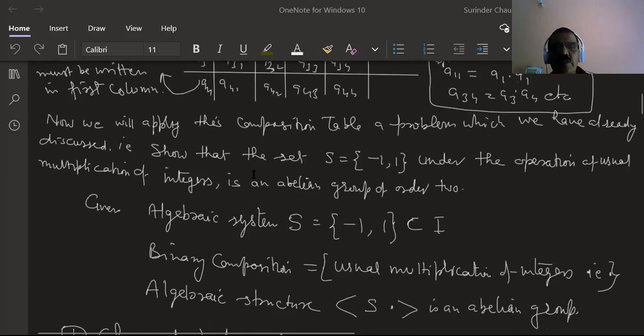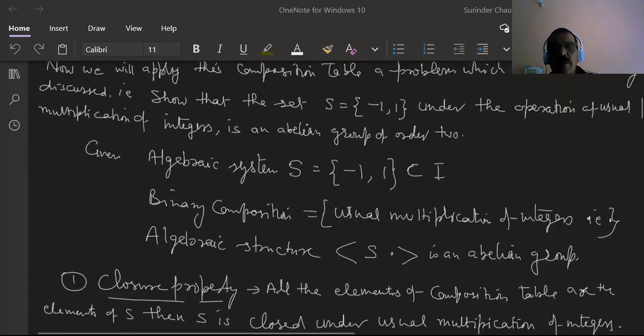Now the given system is S consisting of -1 and 1, a subset of integers, so the elements of this set are integers. The elements of the set S will satisfy all the axioms satisfied by the set of integers. The binary composition is usual multiplication of integers.